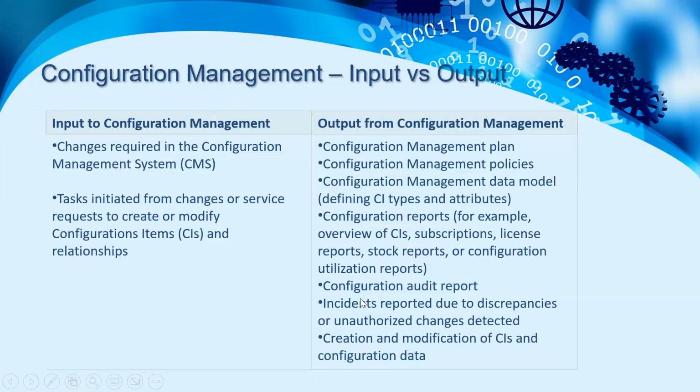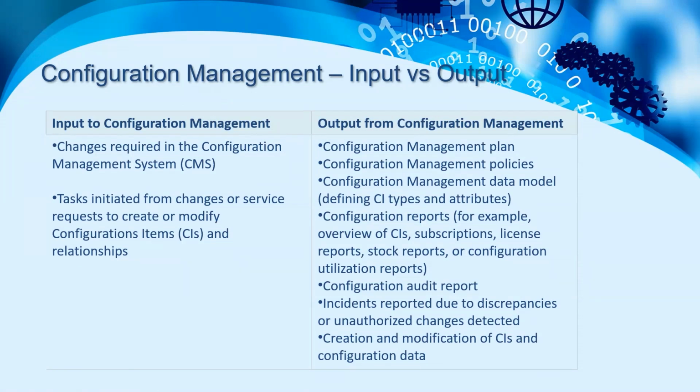Okay, so let's move to configuration management inputs and outputs. Now we'll look at the components that form input and the components that form output within your configuration management system. So all the changes that are required in the configuration management system will form a form of input. So you want to change a faulty switch within your network. Okay, so it forms an input.